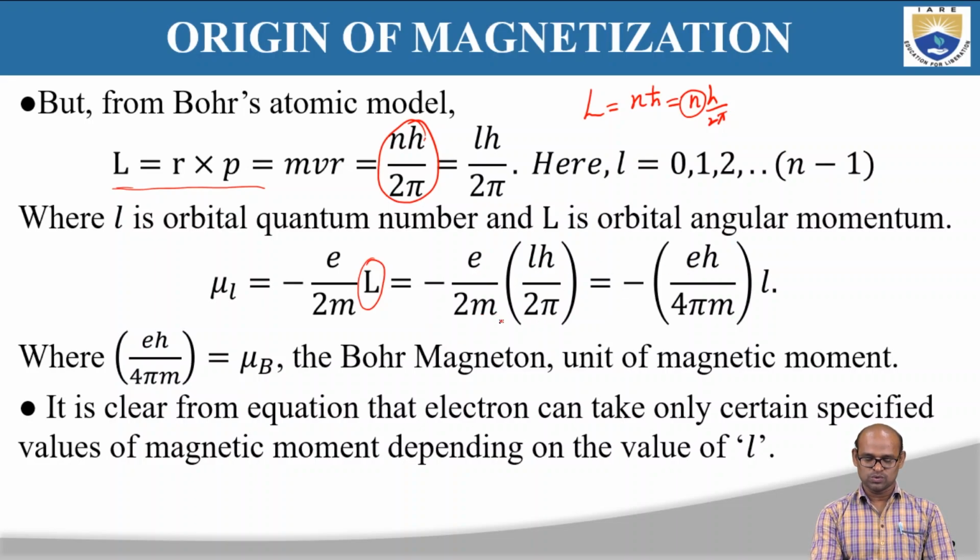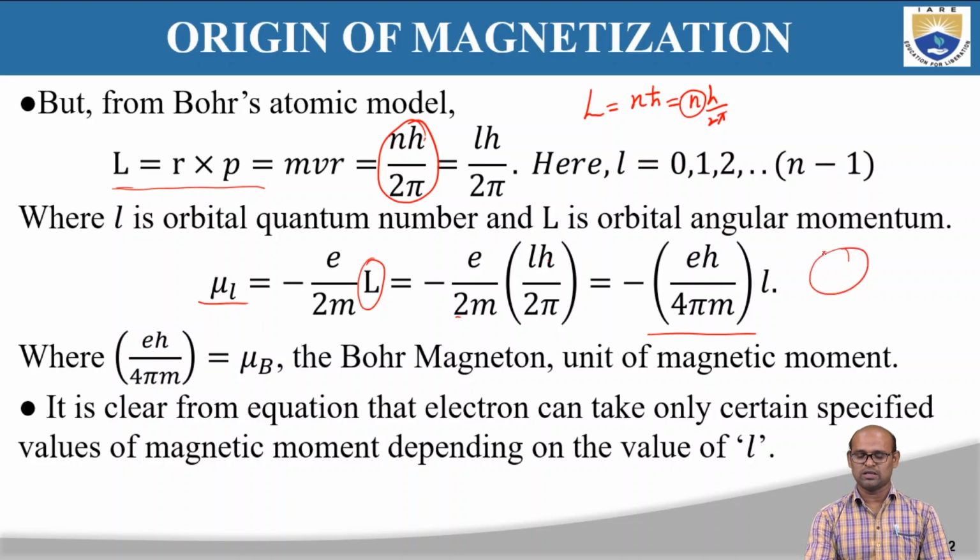That will be eh/4πm, 2 into 2, 4πm. So eh/4πm into l. This is the magnetic moment coming from the orbital motion of the electron, which is μ_L equal to eh/4πm into l. The sign is based on the electron motion, clockwise or anti-clockwise, in this circular orbit.